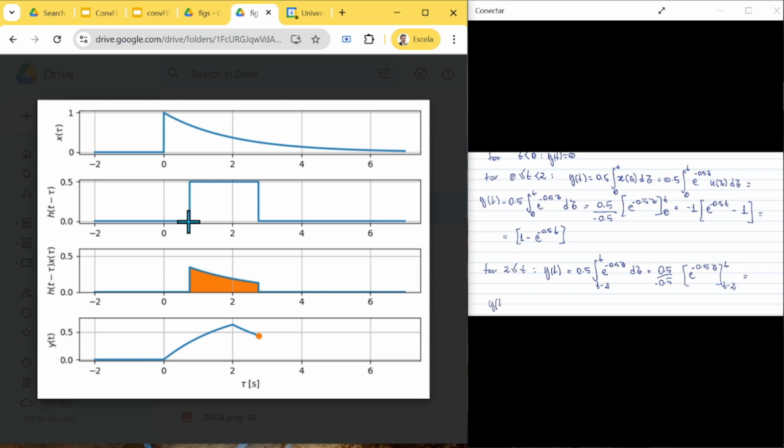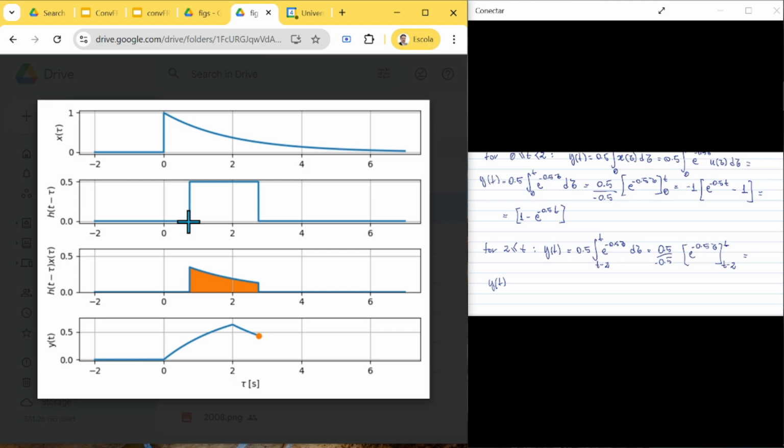y of t is minus 1. This is e to the minus 0.5 t minus e to the minus 0.5 what? t minus 2.